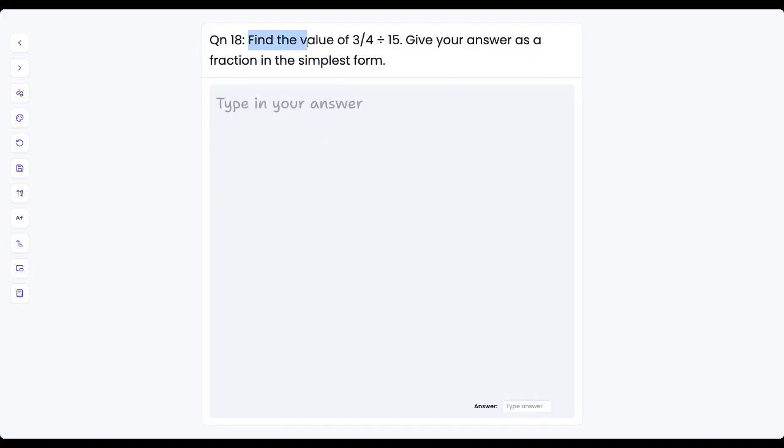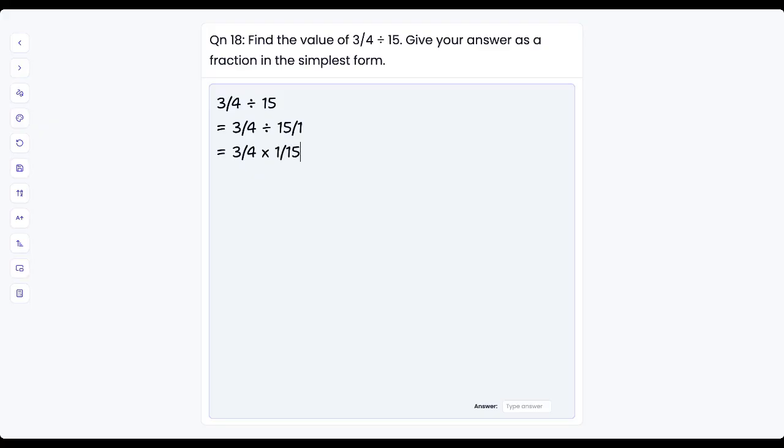Question number 18. Find the value of 3 quarter divided by 15. Give your answer as a fraction in the simplest form. So 3 quarter divided by 15, okay, is equal to, right, 3 quarter divided by 15 out of 1. So you want to convert everything into fraction. Then 3 quarter, okay, times, then we flip it, 1 over 15.